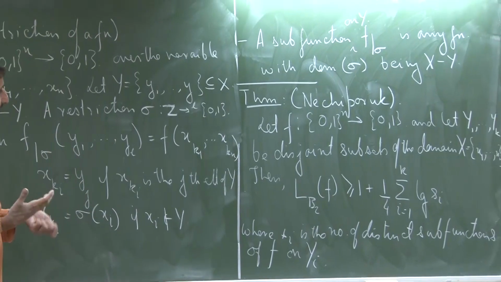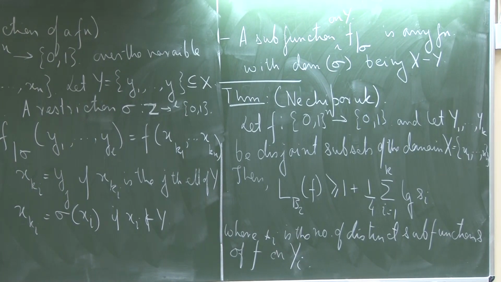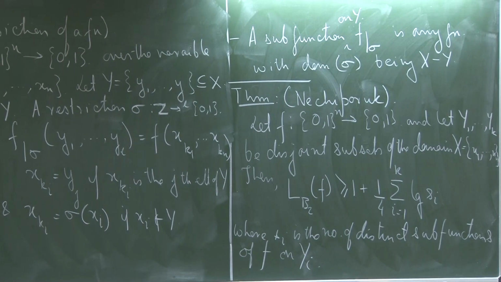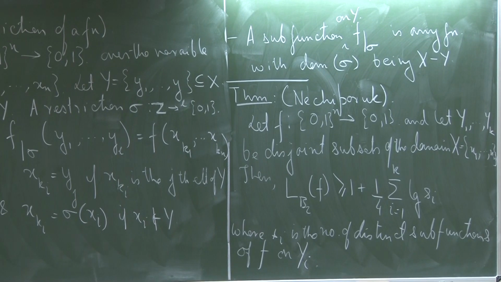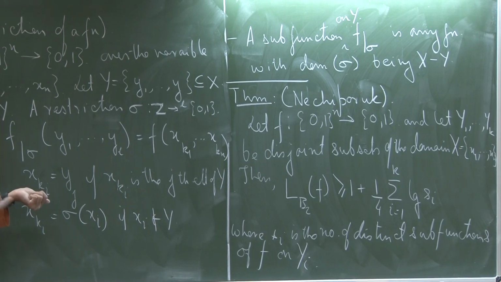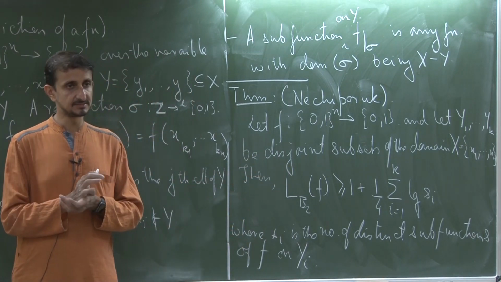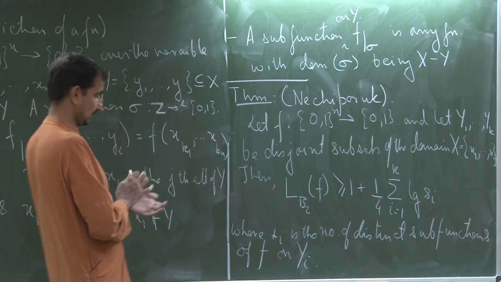Again this is kind of intuitive, because if we have a function such that for any restriction it has many different subfunctions, then the function should be complex, which means it should have a higher formula size, and that is what it kind of means.